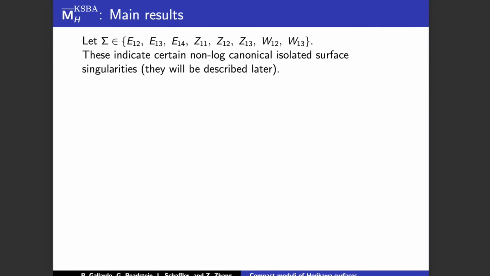Those are others, not log canonical. Very soon, I will describe them to you by not only giving you equations, but also showing you some pictures of those singularities. But for now, let's just think of those as certain non-log canonical isolated surface singularities.